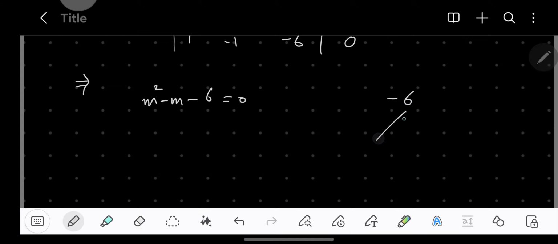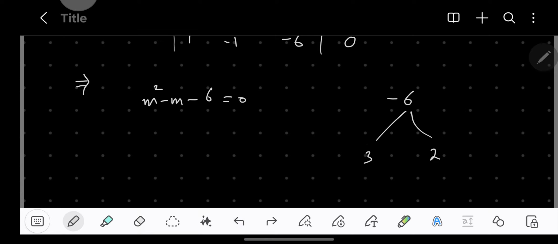So I have to factor minus 6 such that I get this factor minus 1. So how to factor minus 6?